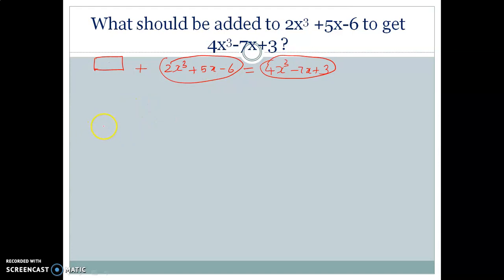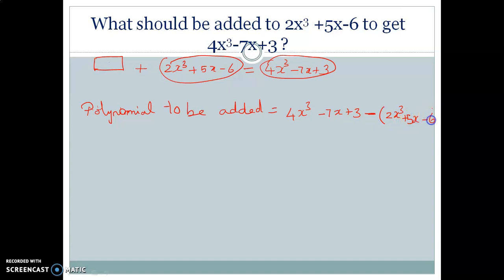So the polynomial to be added is equal to, we will write 4x cube minus 7x plus 3 minus bracket 2x cube plus 5x minus 6. Why do I use bracket now?